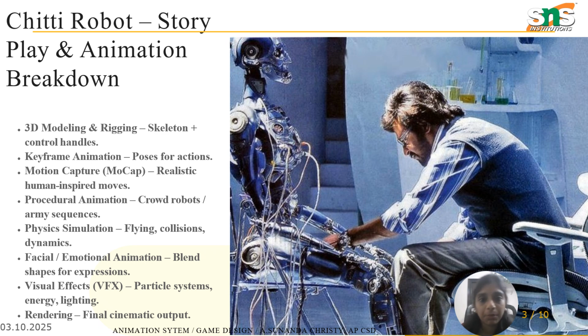Here it shows all types of emotions just like a human, which is very realistic in this story play Enthiran, with the Chitti robot doing it. And also the visual effects, the VFX, the energy effects and the lighting, all of which come under the animation system. Why I took this as a story play is that when we watch the movie, we come to know how these robots have been designed only in the form of an animation system.